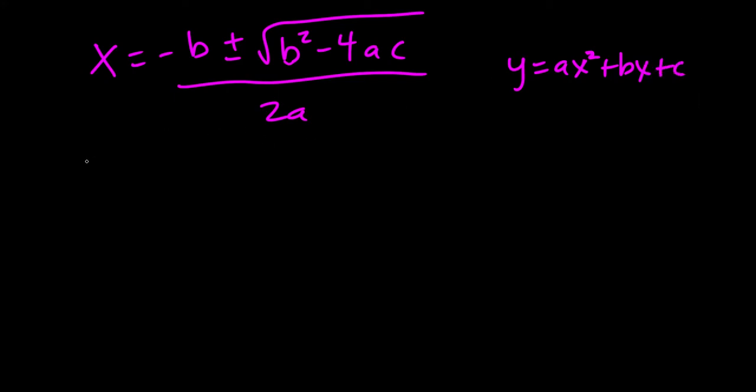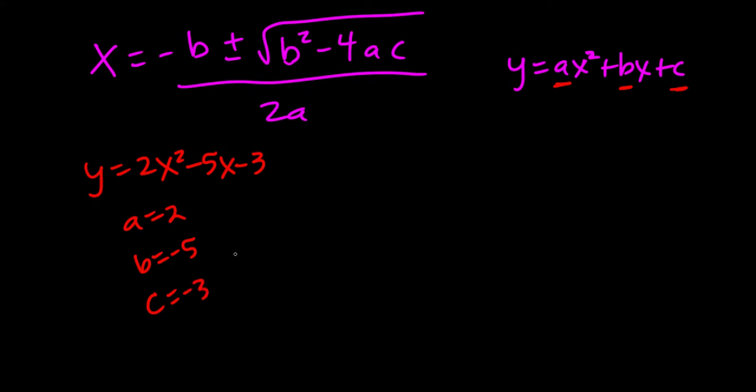We had y equals 2x squared minus 5x minus 3, and the first thing we want to do is pull out the a, b, and c. So our a value is 2, our b value is negative 5, and our c value is negative 3.